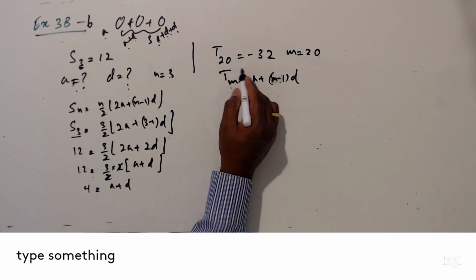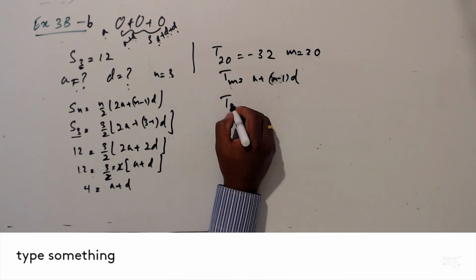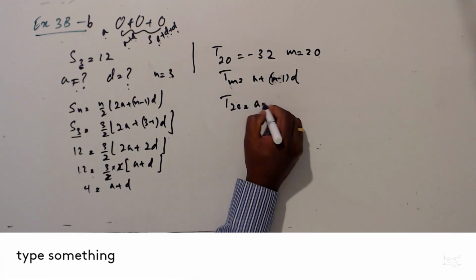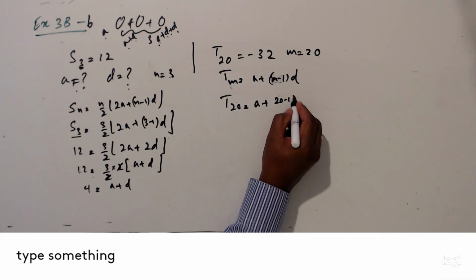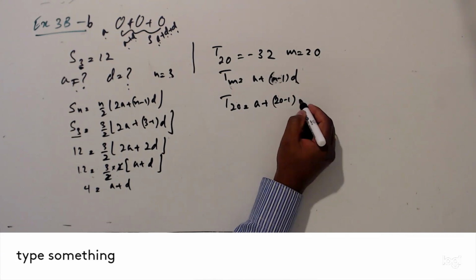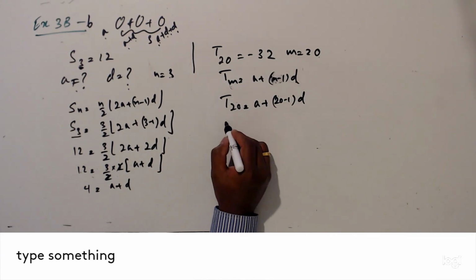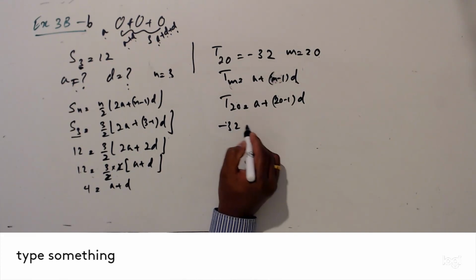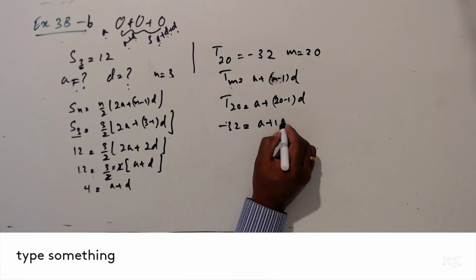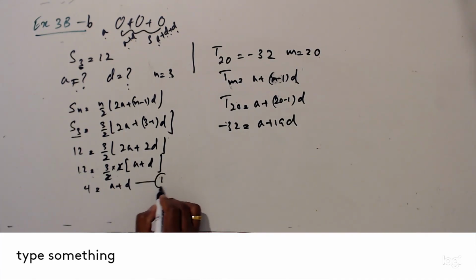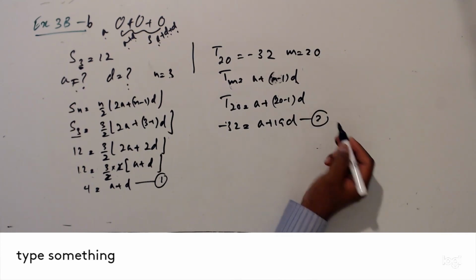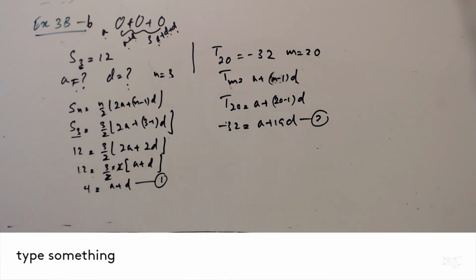So T20 equal a plus 20 minus 1 times d. T20 is, we know, minus 32, equal a plus 19d. Now we have two equations, one is this one and this is the second one. So we have to solve simultaneously.